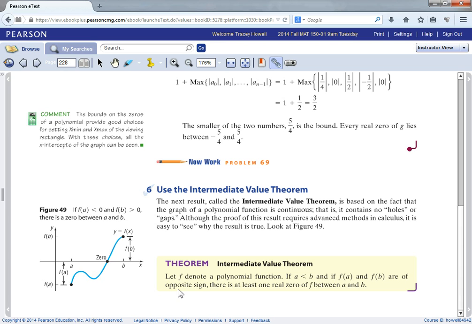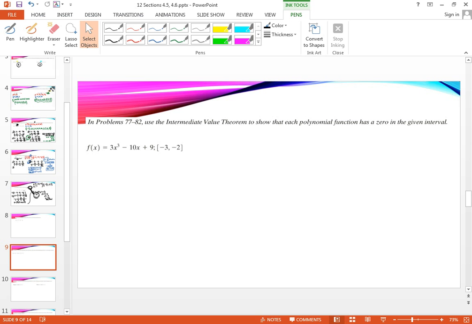Well, the only way that can happen is if the two points are connected, right? So if they're connected, I have to go across the x-axis. Okay, so the intermediate value theorem guarantees us that if we can find x's that have y values of different sign, there must be an x-intercept, or a real zero, in between those two x values. Okay, so the way it'll work here is it'll say use the intermediate value theorem to show this.